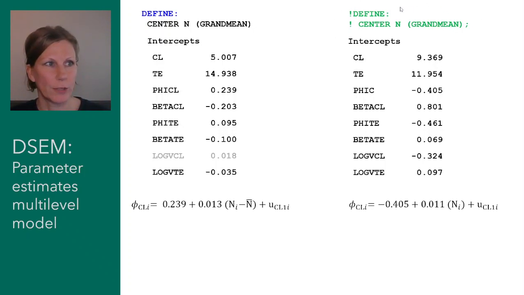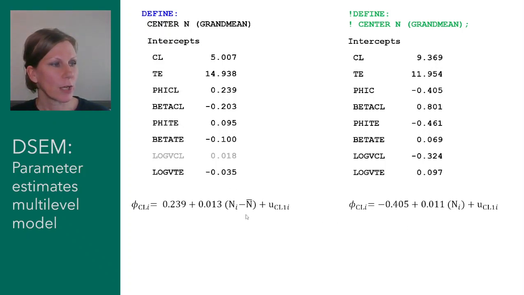So this is just comments that you can include for yourself. And what we see is that the numbers that we get for the intercepts are really quite different. And to understand this, it's helpful to actually look at what the difference between the regression equations is when we are specifying it, either with the grand mean centered or the non-centered predictor.